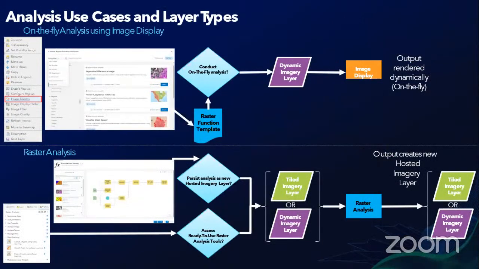Let's have a look at some of the key analysis cases which can be made possible with ArcGIS Image Online. Here we are talking about on-the-fly processing, which requires the dynamic imagery layer type. This is controlled in the image display dialog, which is available in the web map. These analysis methods are defined within the raster function and can be saved within the layer item that you publish in ArcGIS Online.